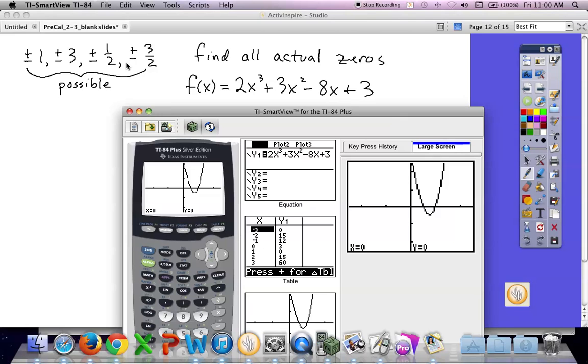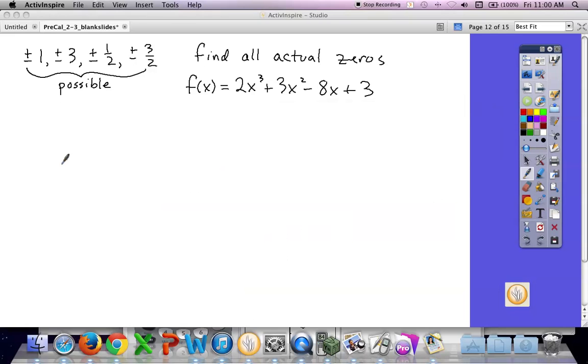Let's do synthetic division with a half, because you can do synthetic division with fractions. Right? I mean, that's why they say we only do synthetic division with rational numbers. It's the only way that works. So let's use a half. We've seen in the calculator, it looks like that. So let's go 2, 3, -8, and 3. And if the zero is 1/2, then that's what goes there.